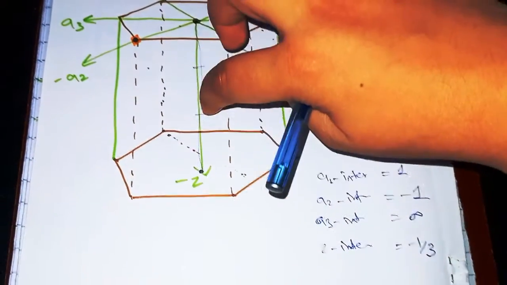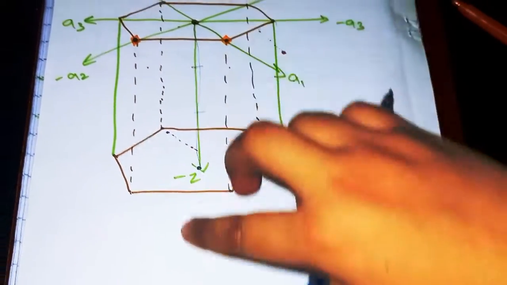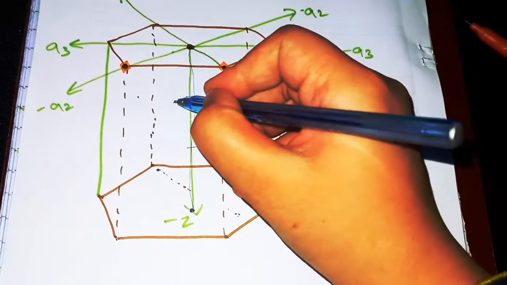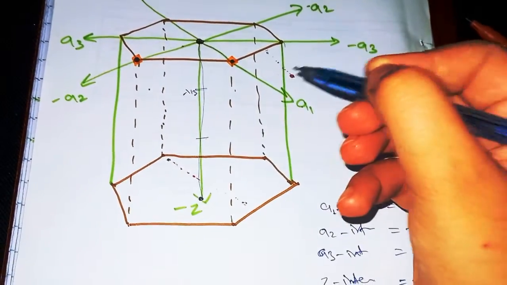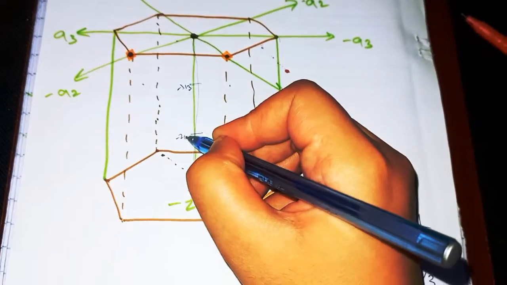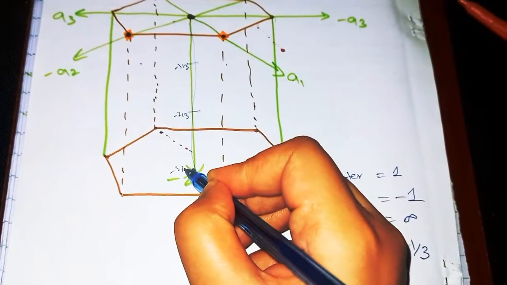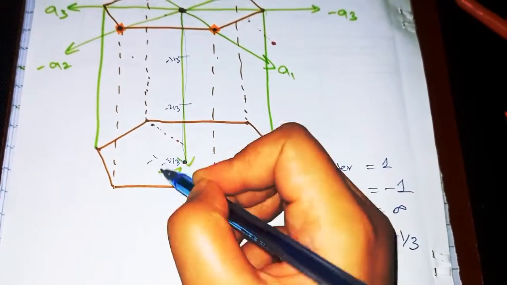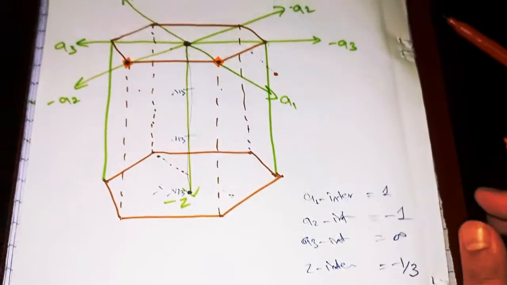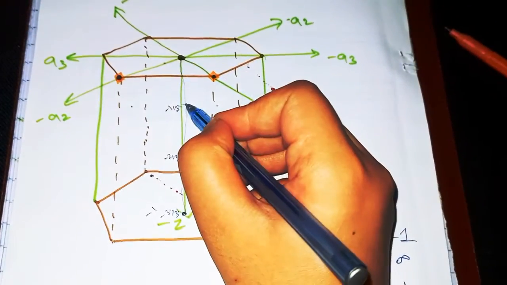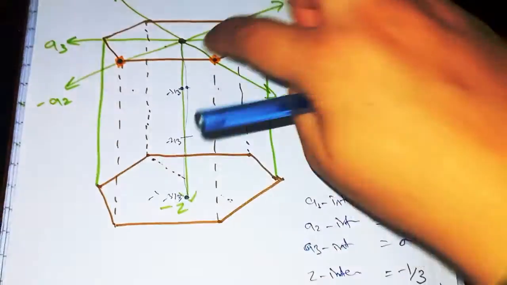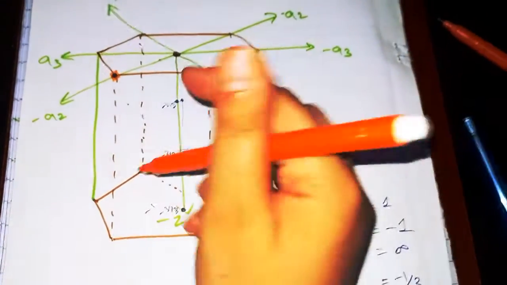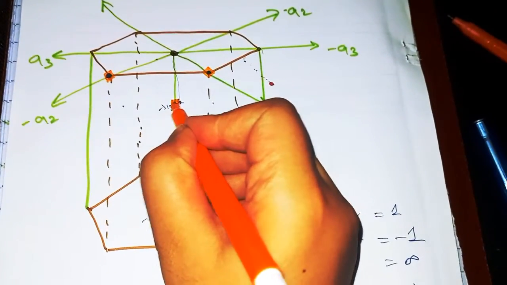Each length is 1/3, and -1/3 since negative direction. So this is -1/3, this is -2/3, and this is -3/3. 3 cancel, so this is -1. This is how you calibrate. So this is -1/3. This point on the axis line is the third point on the plane.